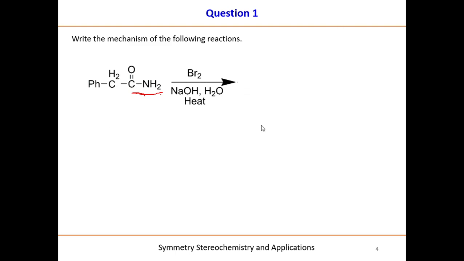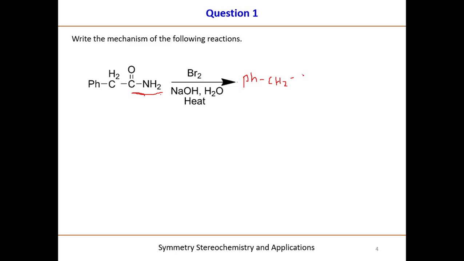I'm writing here the whole mechanism. We have Ph, CH2, correct?